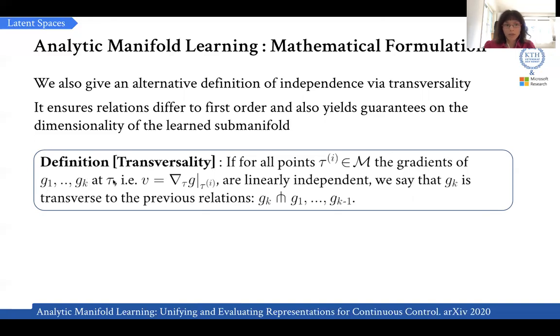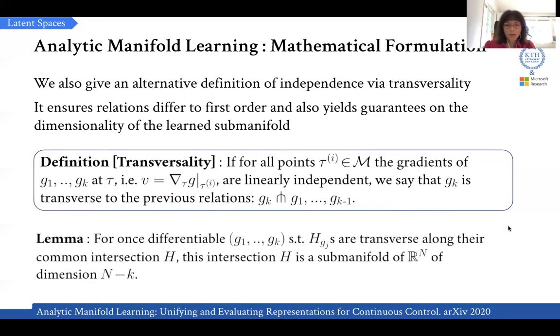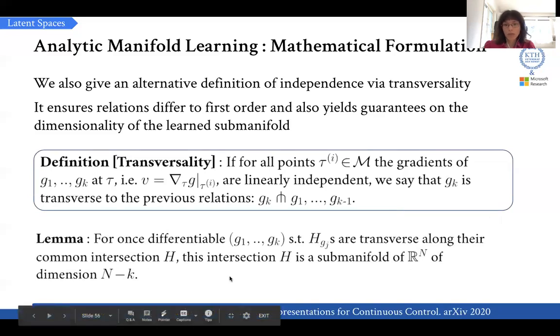For the Kth relation, we would want the gradients of this relation G with respect to the input sequences tau to be linearly independent from all the previous ones. And then we would say that this relation GK is transversal to the previous relations G1 through G_{K-1}. And for this, we can have guarantees that every time we add a new relation, the dimensionality of the learned submanifold decreases.